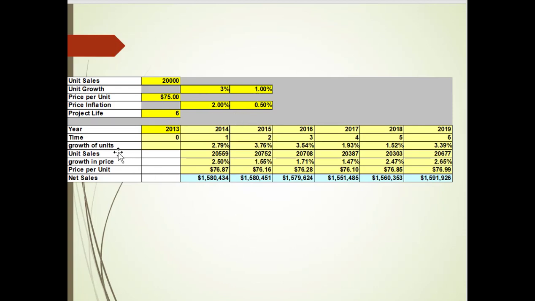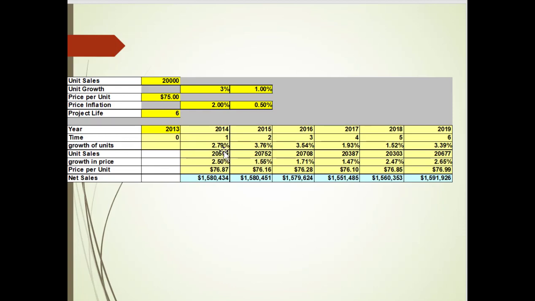So as you see, as we go down this list, what is chosen randomly in these cells is the units plus or minus some standard deviation of growth in each period. And you can see that obviously growth in units is always positive, but it is growing and changing each time.